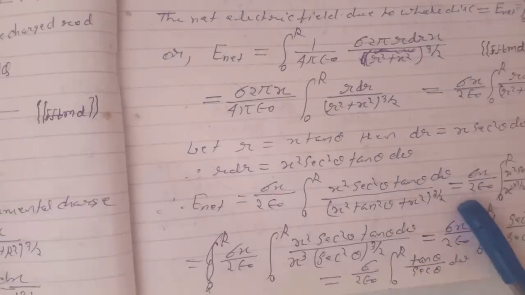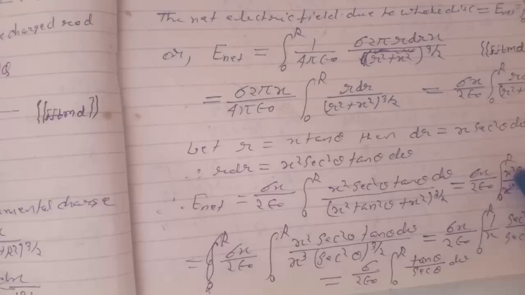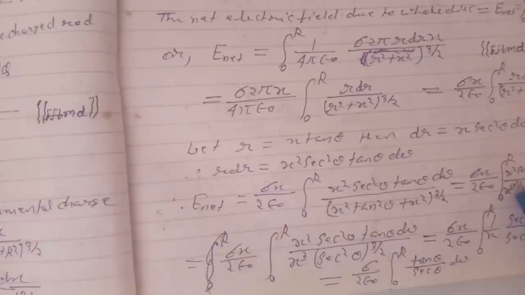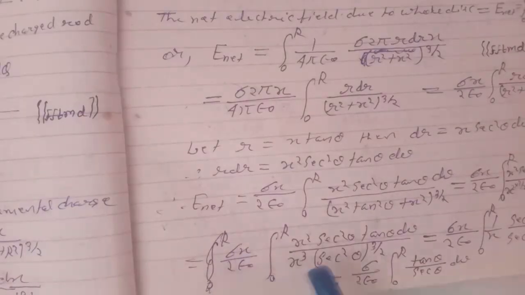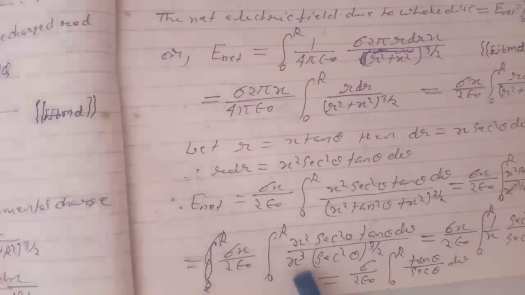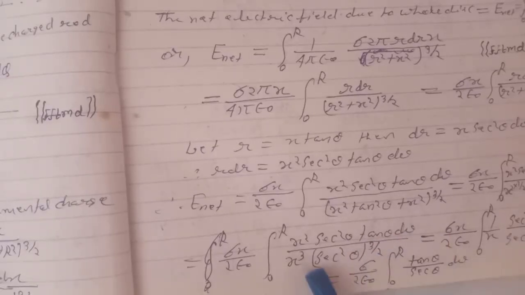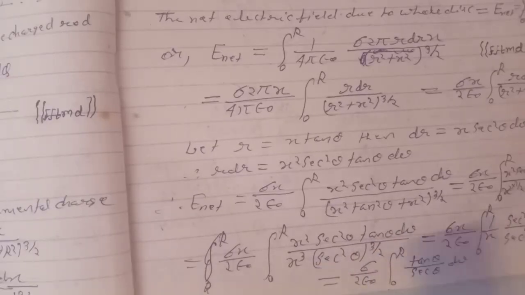Taking x square out of the bracket, it is x square into x to the power 3 by 2, (tan square theta plus 1) to the power 3 by 2. So sigma x by 2 epsilon naught, integral of x square by x cube sec square theta tan theta d theta, and 1 plus tan square theta equals sec square theta.